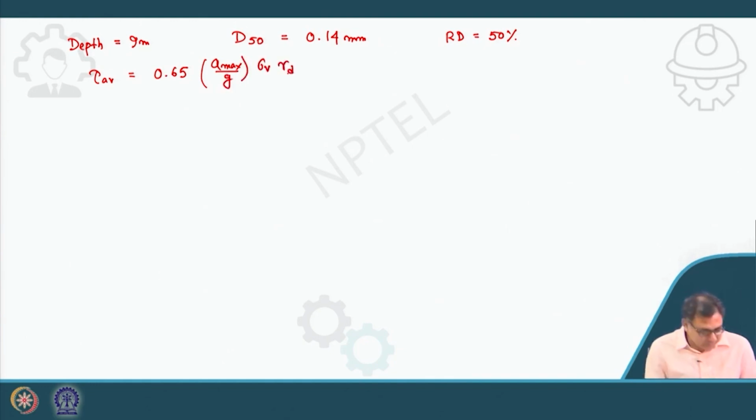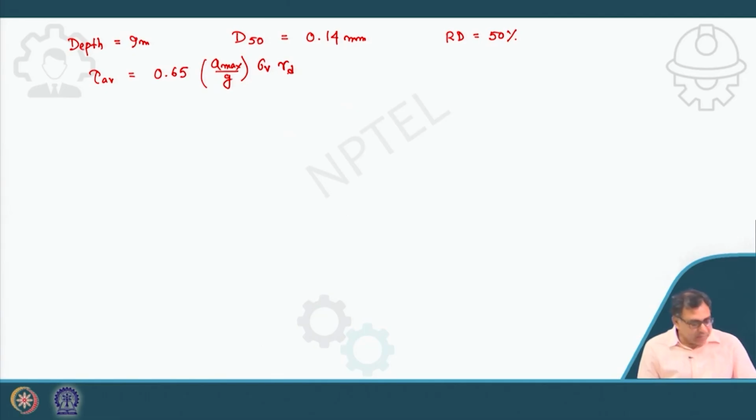Here D50 is 0.14 millimeter and relative density is 50%. Now I will calculate the tau average here. Again it is 0.65 A max by G into sigma V into RD.